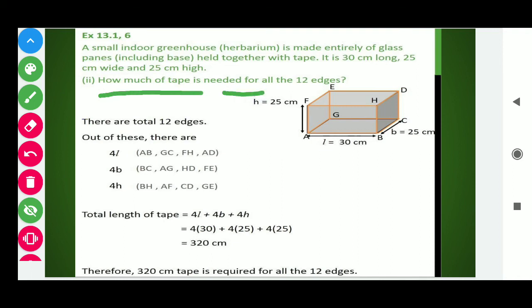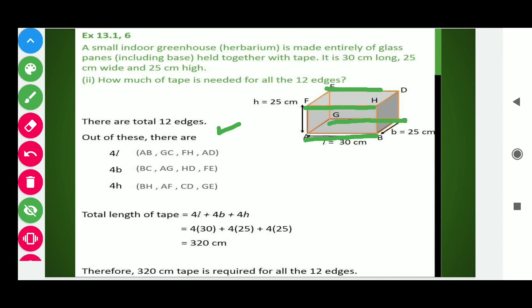Now students, with the same question, we need to find out how much tape is needed for all the 12 edges. Edges are, you can see here, A to B is an edge, B to C is an edge, and B to H. In the same way, these are the edges at which faces meet together. So there are a total of 12 edges, in which AB is a length, FH is a length, ED and GC are lengths.